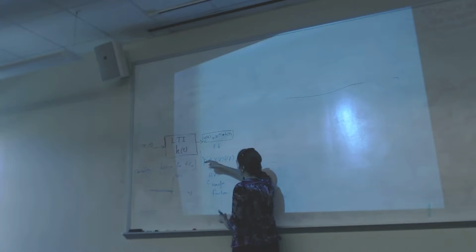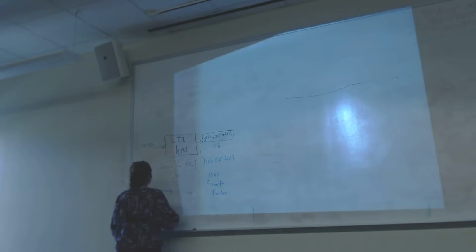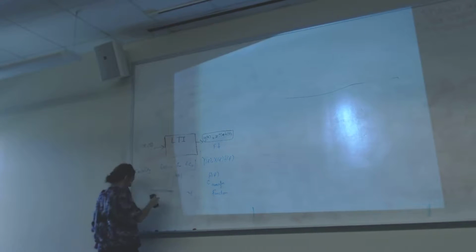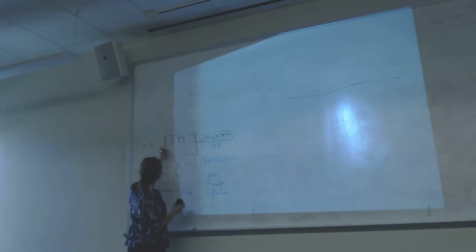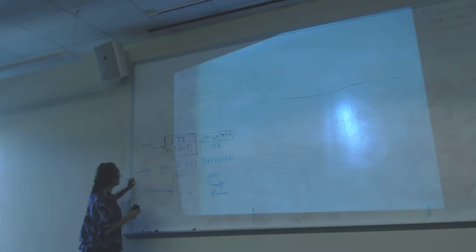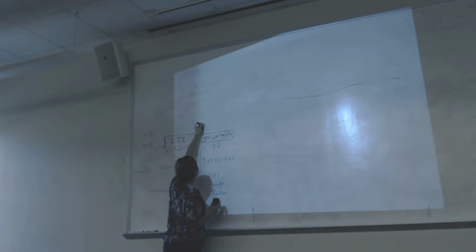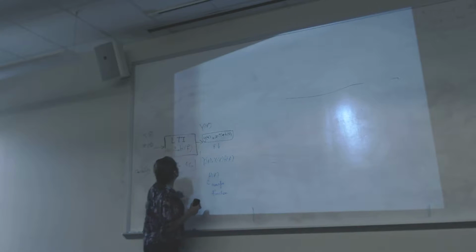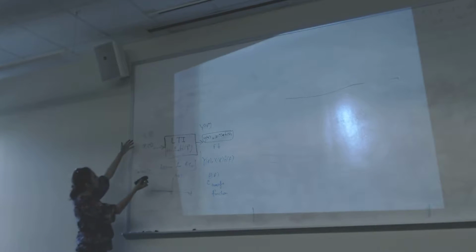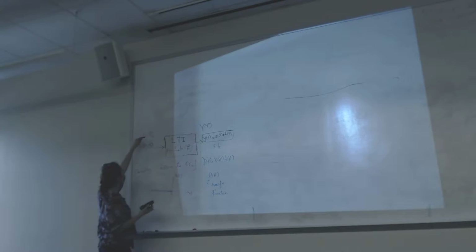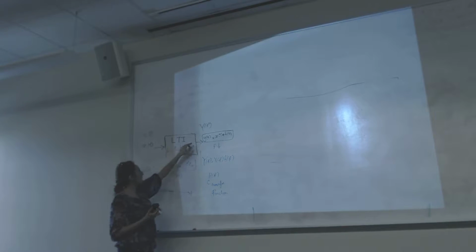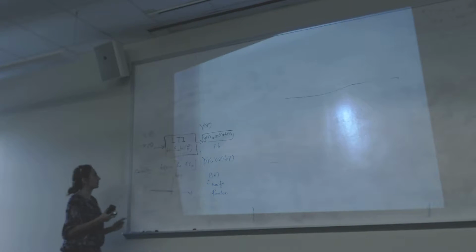It's the Fourier transform of h of t. X of f is the Fourier transform of the input, and Y of f is the Fourier transform of the output. So in the frequency domain, it's a very simple multiplication: X of f times H of f gives you Y of f.